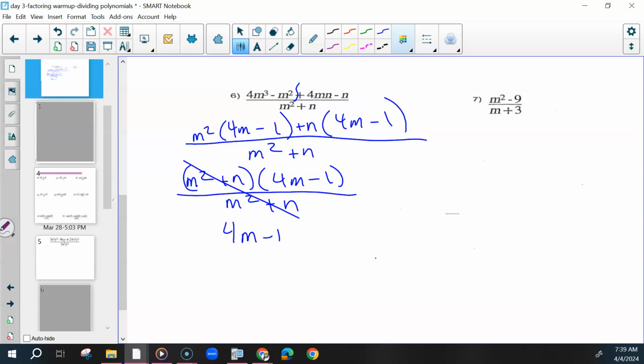Does it have a GCF? Not yet. So we are doing difference of squares. Think about how we factor using difference of squares.